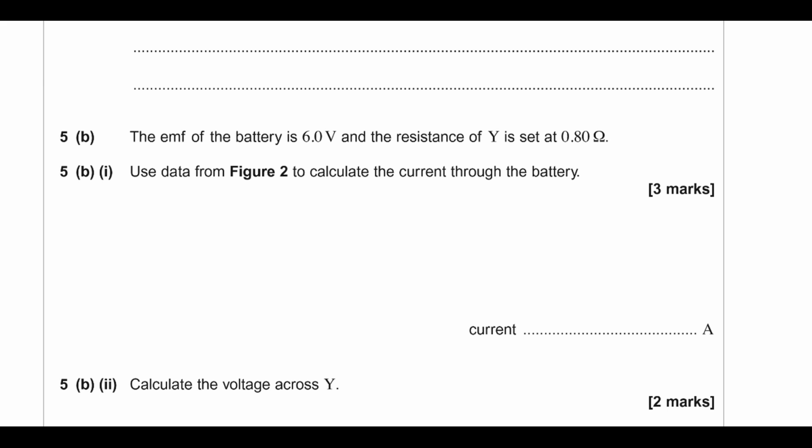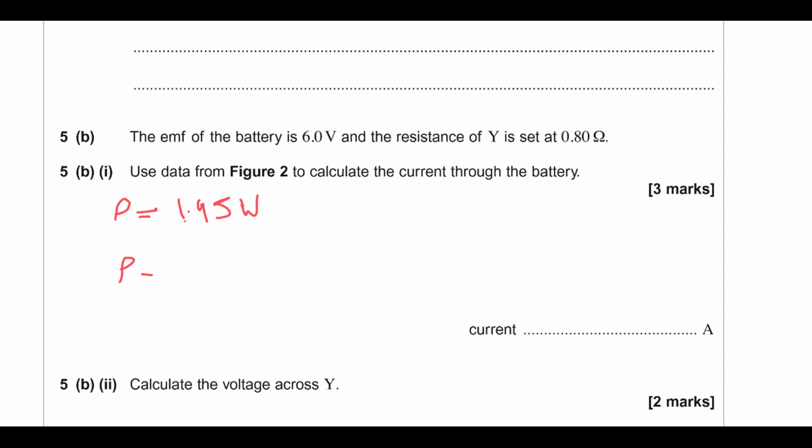So what we're going to do is go onto the graph, go to R equals 0.8 and read off the power, and then use P equals IV. So power when Y is 0.8, the power I think is about 1.95 watts, reading between the squares. So that's the power dissipated by the external resistor.